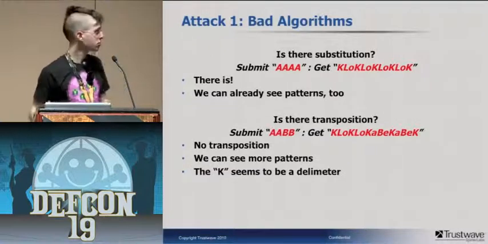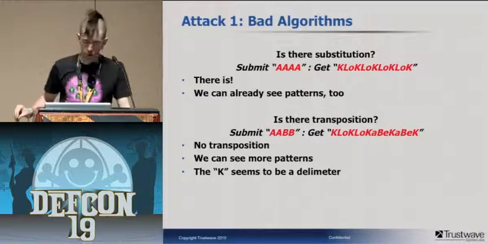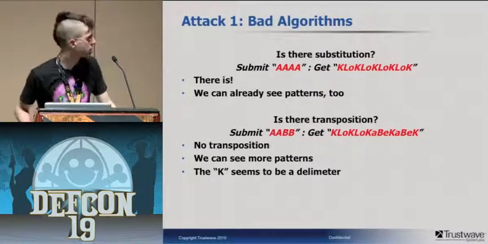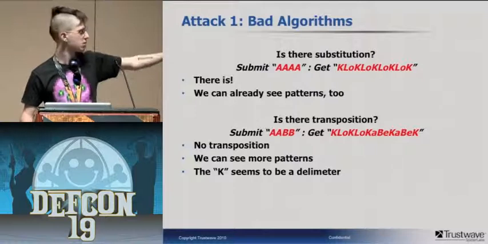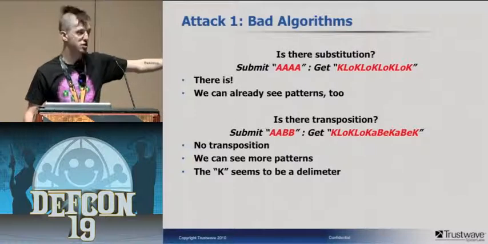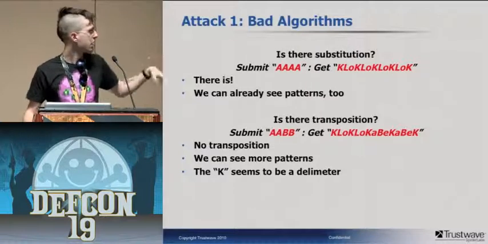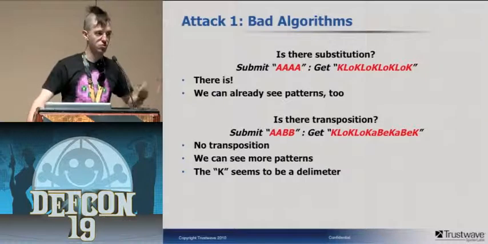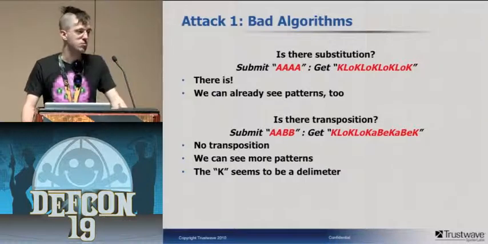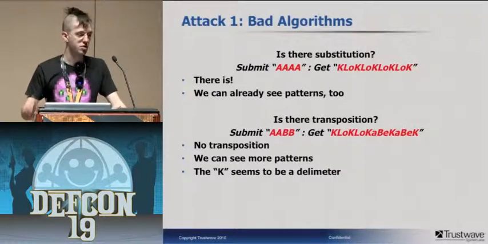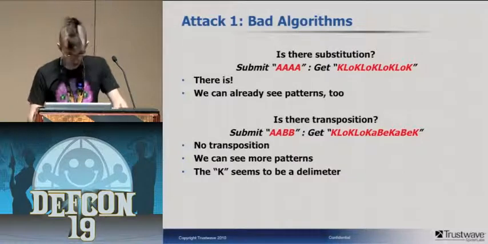The K also seems to be a delimiter. One thing you'll notice is that you can have different lengths with these characters. So the K is just standing in to separate characters, so that even with variable lengths for the ciphertext version of different characters, it still works. Anyway, let's move on.